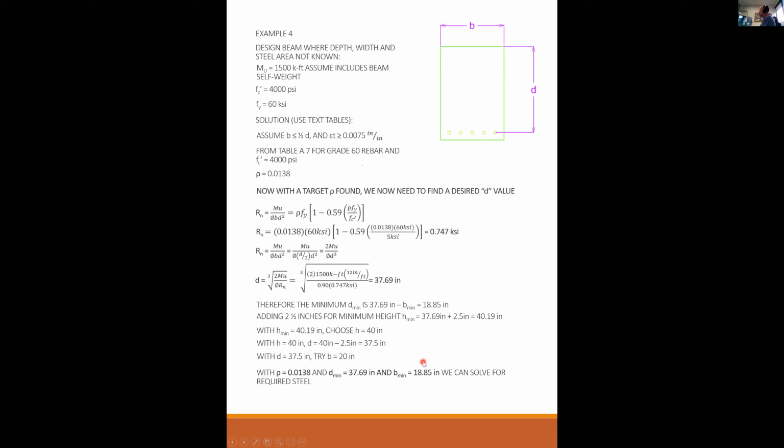But then we choose something that many times is larger. D is about the same, but B is actually larger. So if I calculate how much steel I need based on what I chose, not based on what's required, I may overestimate how much steel I need. So that's why for the purposes of sizing steel, I use the minimums that I found.